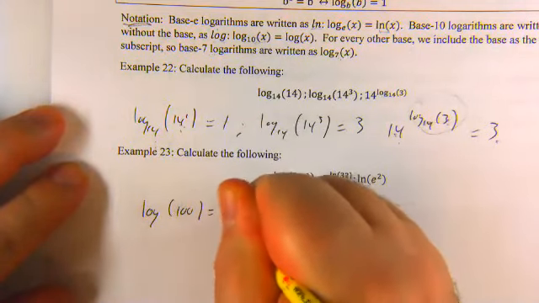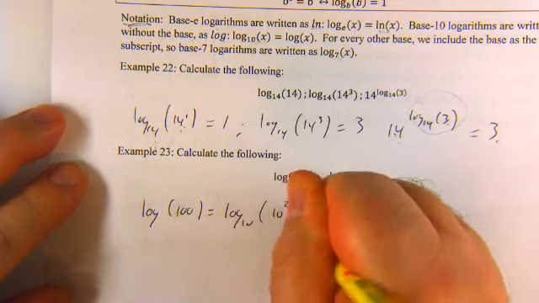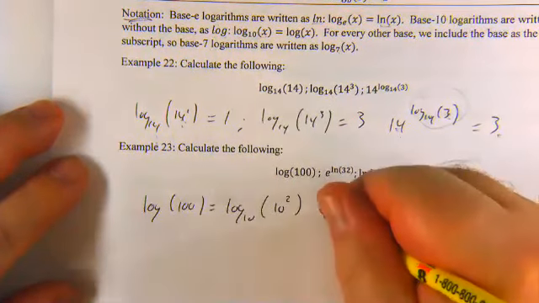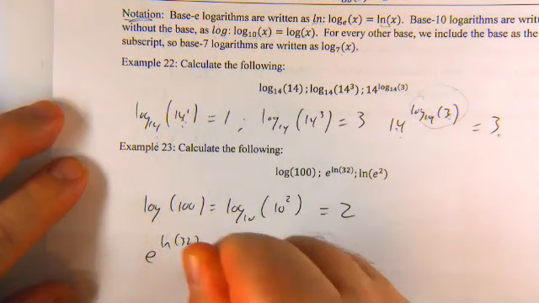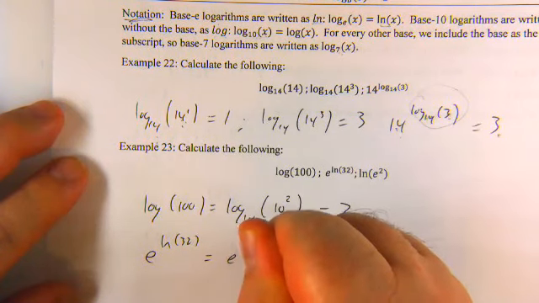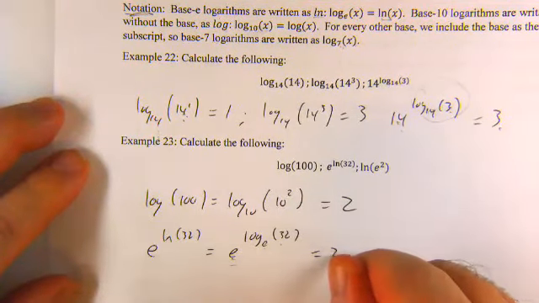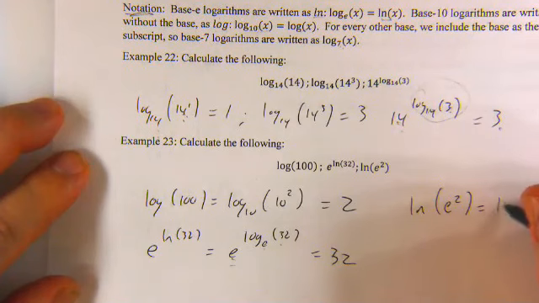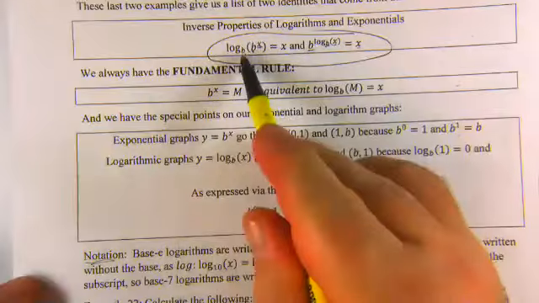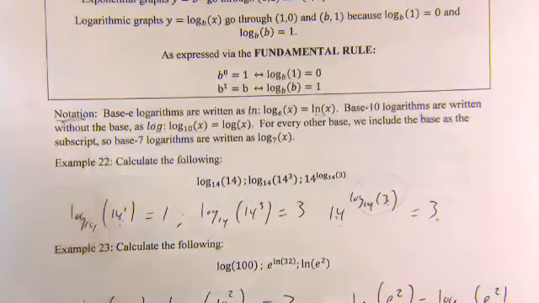Log 100, keep in mind that without the base, that means we're dealing with base 10, and 100 is 10 squared, so log base 10 of 10 squared is going to be 2. e to the ln of 32, remember that ln is log base e of 32, so we have the same base here and here, and so the answer is just 32. ln of e squared, remember that ln is log base e of e squared, and if we have the same base here and here, the log of the base raised to a power is just the power itself.